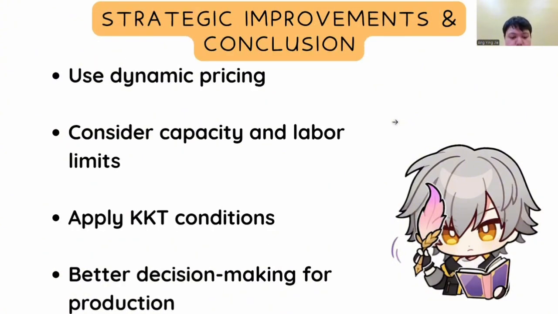To bridge this gap and turn this into an actionable corporate blueprint, we propose two vital improvements. First, we must integrate dynamic pricing models to adjust for seasonal material cost fluctuations.